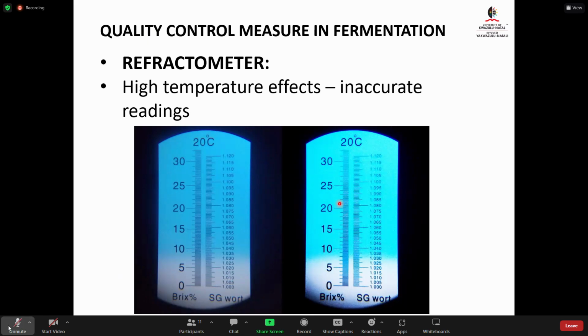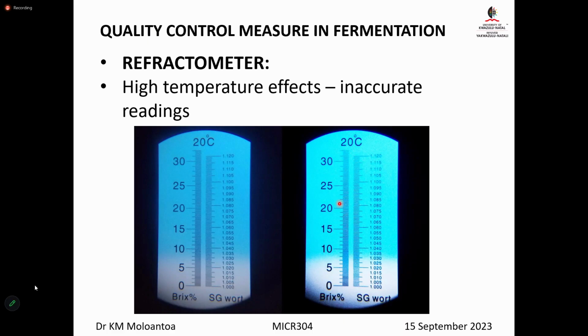There is no 0 SG. There is 1.000. The Brix has 0, but the SG does not have 0. At 1, exactly at 1.